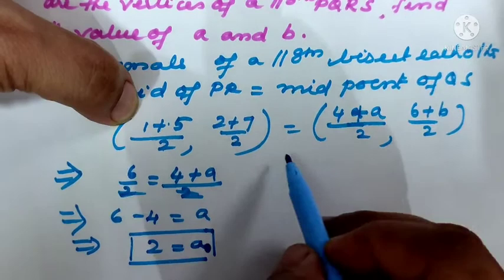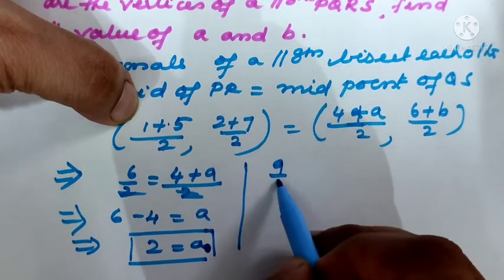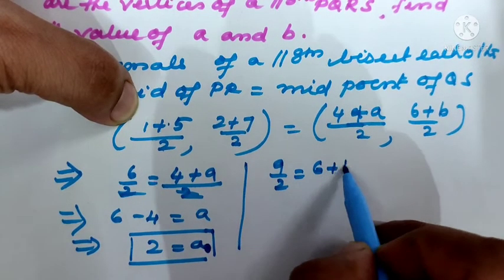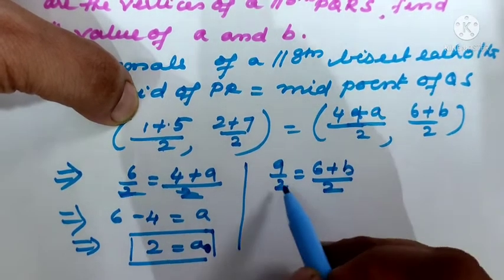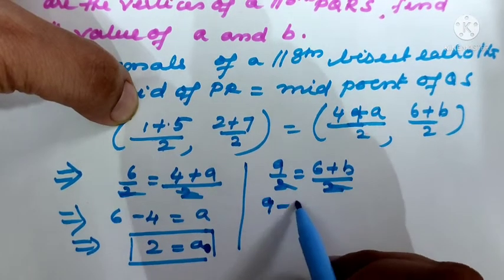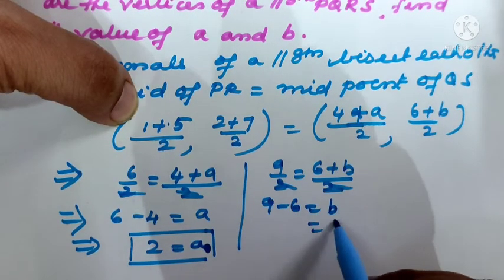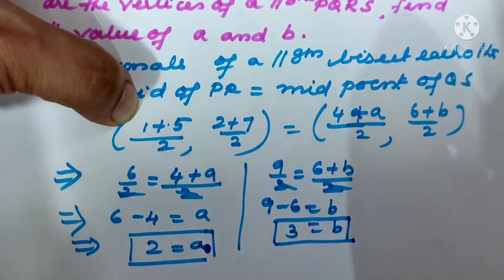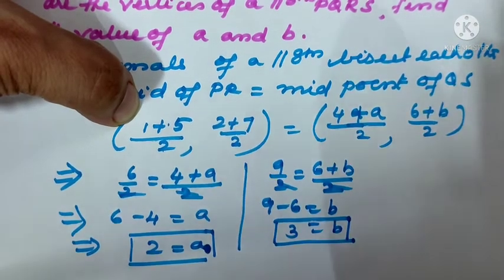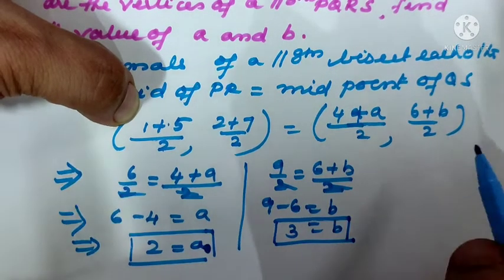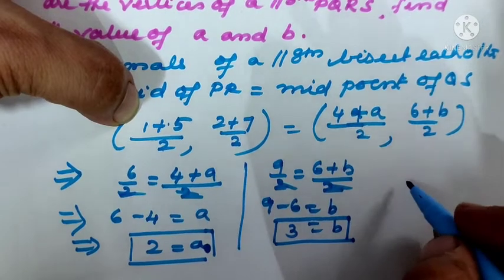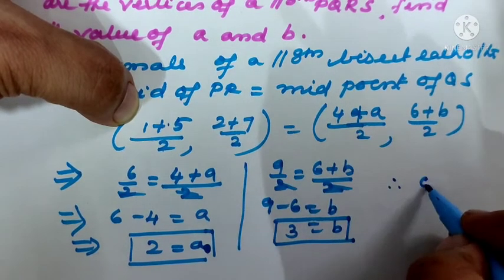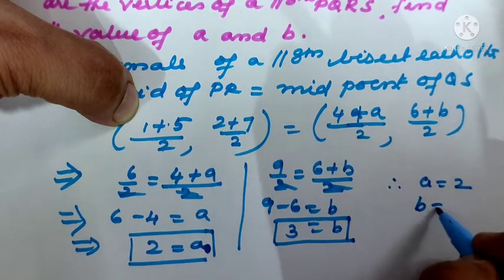Similarly for b: 9 by 2 equals (6 plus b) whole divided by 2, the 2 will get cancelled. 9 minus 6 equals b, so b equals 3. So a equals 2 and b equals 3, we got the values. So using the property, a equals 2, b equals 3.